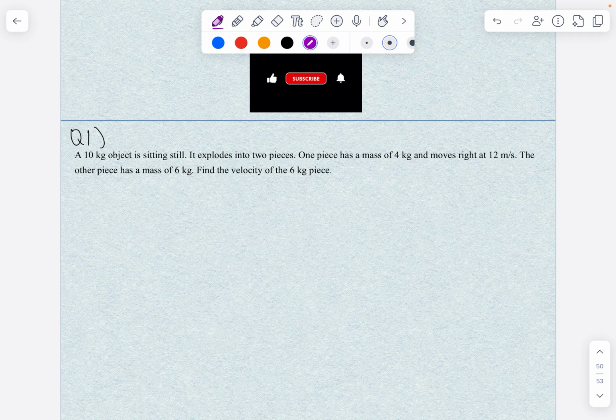So before the explosion, the object is at rest. So momentum before is equal to 0. After the explosion, the momentum is just m1 v1 final plus m2 v2 final.